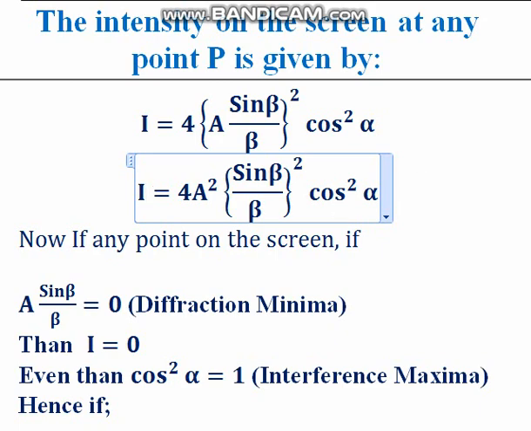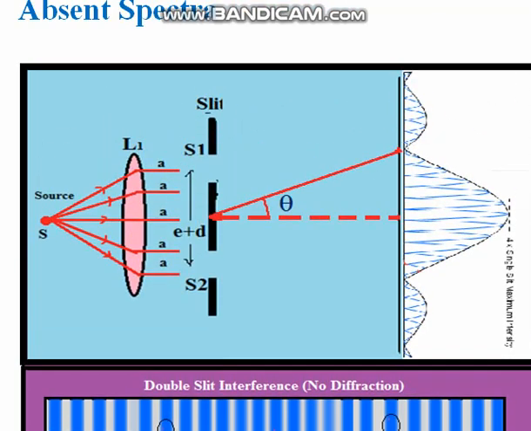Okay, so let's see the figure again. So this is the final pattern. Here you can see that this envelope is the central bright band of the single slit diffraction. This is the first secondary maxima due to the single slit, and in between these envelopes you can observe the interference fringes.